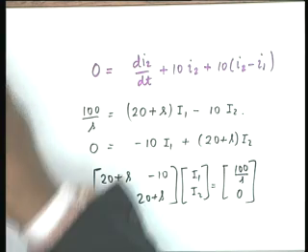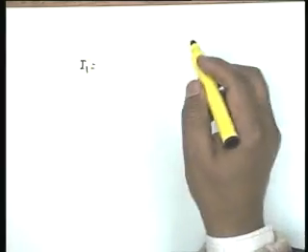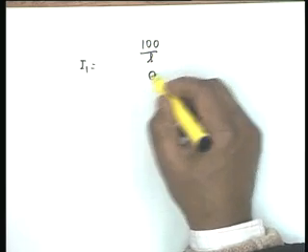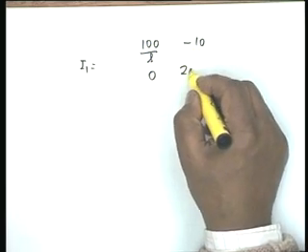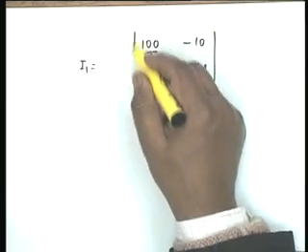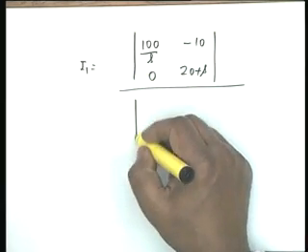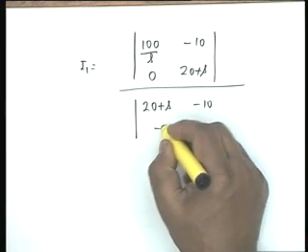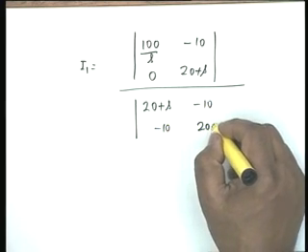I did that, and the solution for I1 is given by 100 by S, 0, minus 10, 20 plus S, the determinant of this, divided by the usual thing, the determinant of 20 plus S, minus 10, minus 10, 20 plus S.